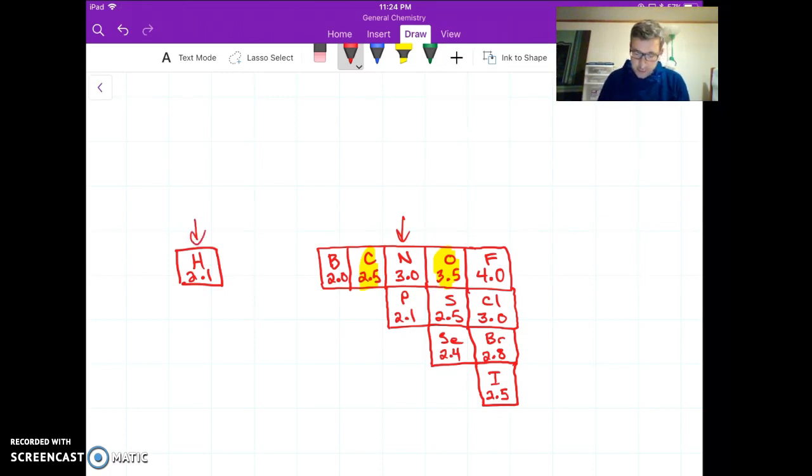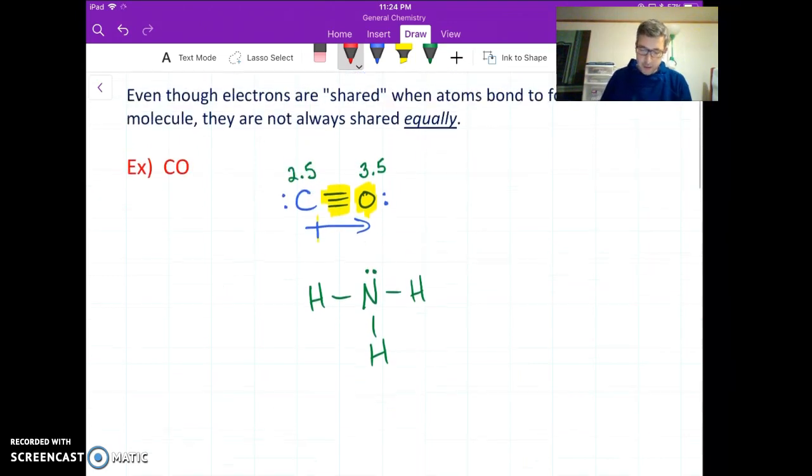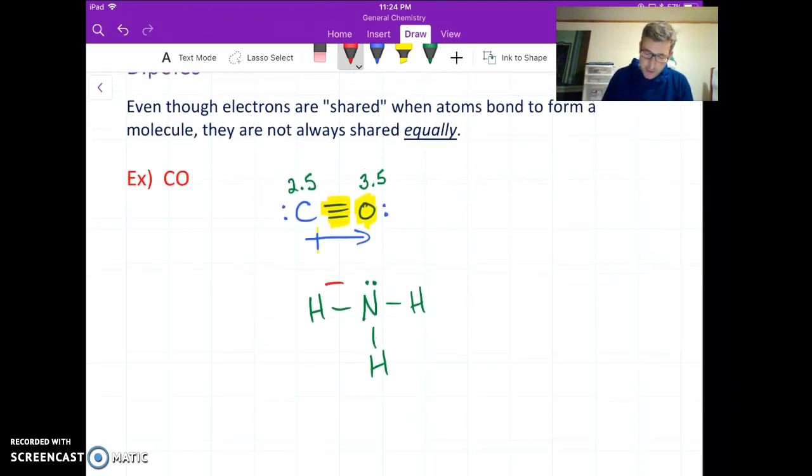So the dipoles are going to be pointing towards nitrogen because it has a greater electronegativity than hydrogen. And that's true not only there on that first bond on the left, but it's true on all of them, because all 3 of those bonds are essentially the same thing.